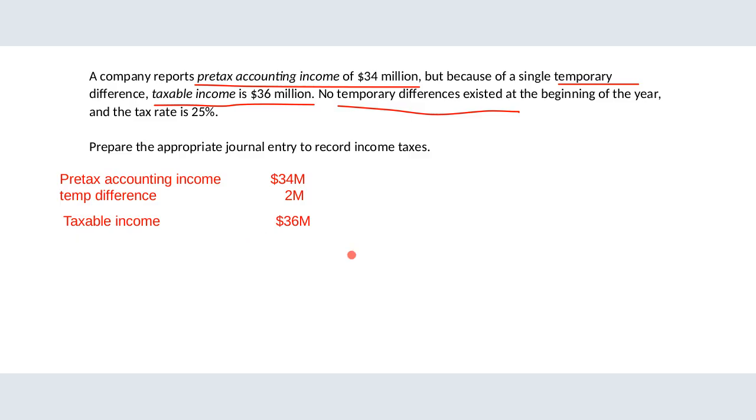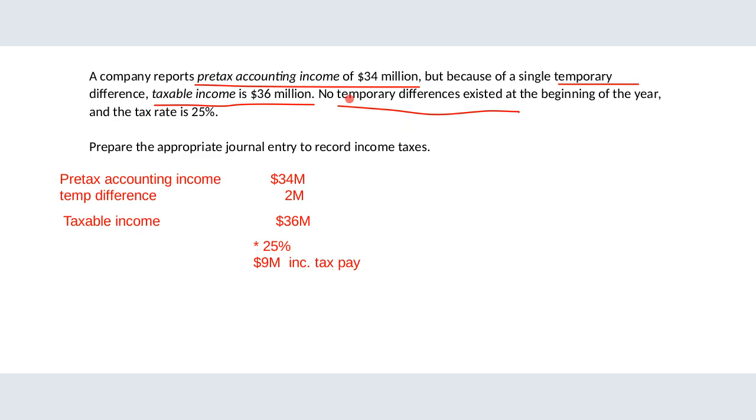And so first of all, we have to multiply 36 million by 25%. That's our income tax payable. So 36 times 25% is 9 million. This is income tax payable.